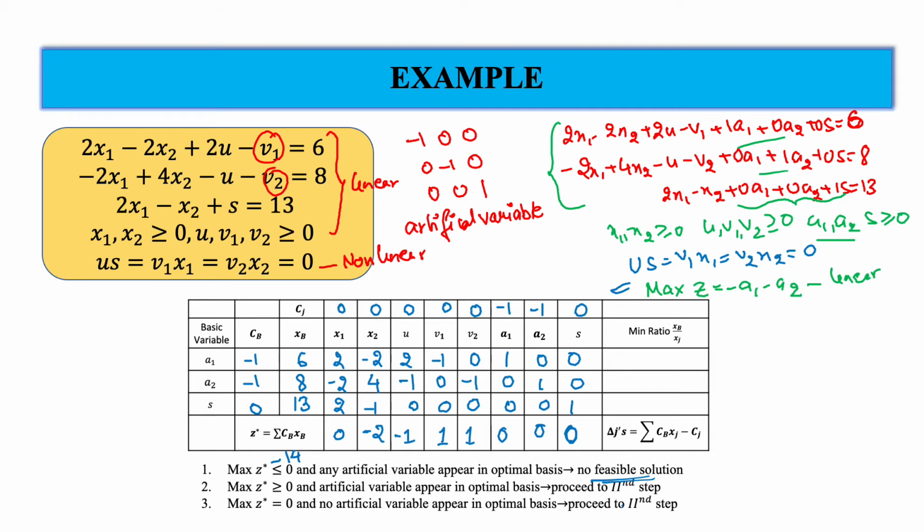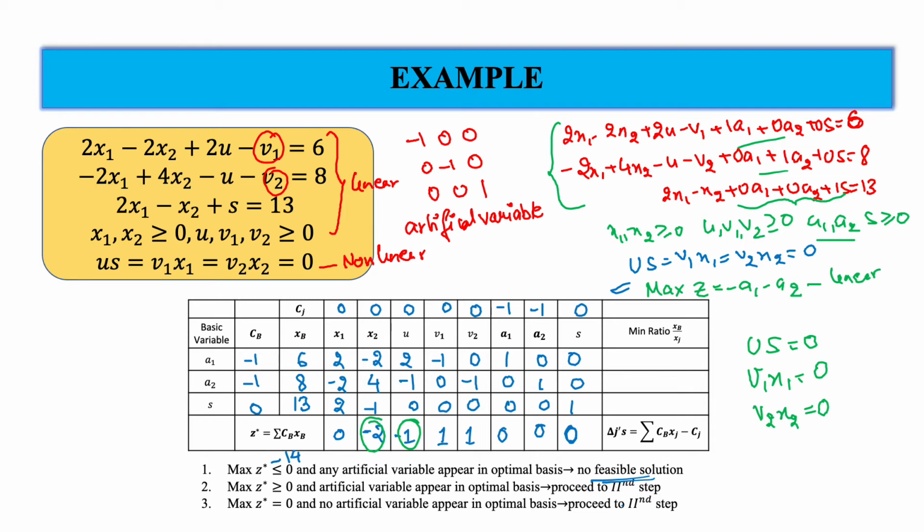over here, either we will enter x2 or we will enter u. If you enter x2, now what additional thing is here besides the simplex algorithm? You have an extra condition, u into s is equal to 0. From this we are seeing v1 x1 is equal to 0 and v2 x2 is equal to 0.